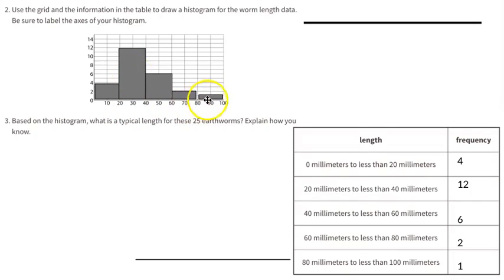We can tell that because that's where the largest part of them are. Once you start getting past 60 millimeters, there are fewer and fewer at that length. So this is their length, because we have to label it in millimeters.